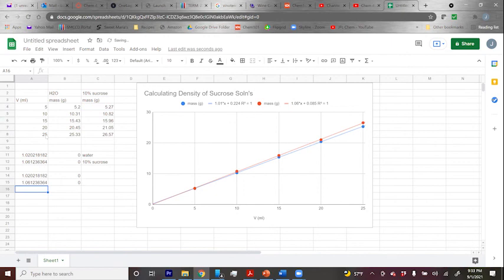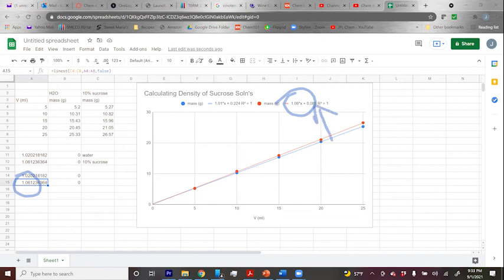Hit enter. So this is the new slope for the 10% sucrose. And you can see that the slope for the 10% sucrose hasn't changed. It's 1.06 here, and it's 1.06 here, which makes sense because the y-intercept originally was so close to 0, it was practically 0. So by moving it to 0, we haven't changed the slope at all.